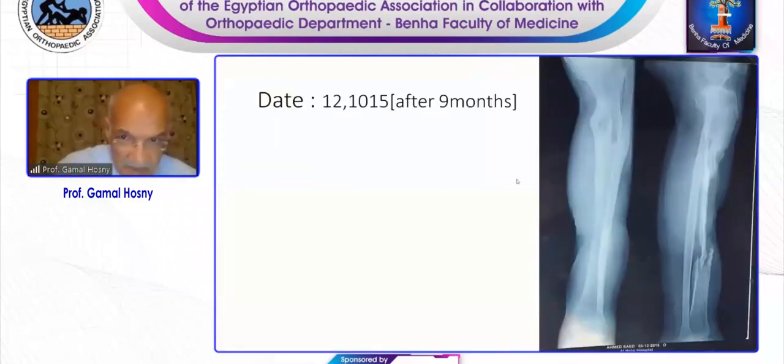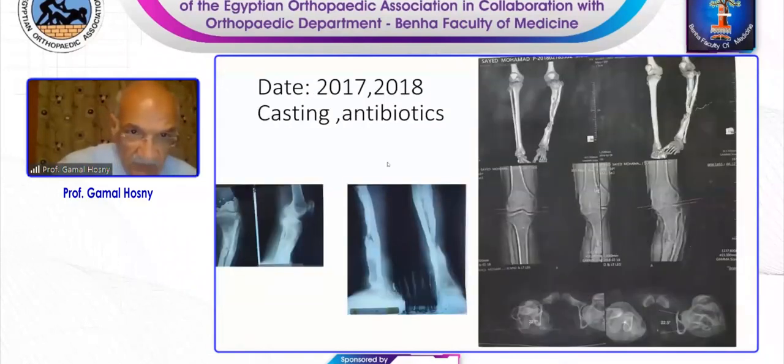And he gave us this picture after 9 months with non-union and a gap and osteomyelitis. This was December 2015. Then for a couple of years, 17 and 18, he was treated by a surgeon with repeated casting, antibiotics, and a few debridements for a couple of years.